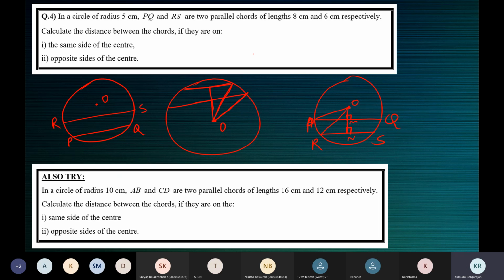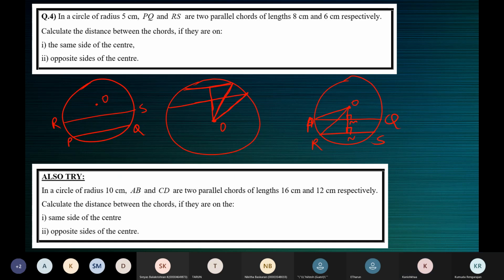Okay. Name the two radii in this figure. OP and OR. How will you describe OM?